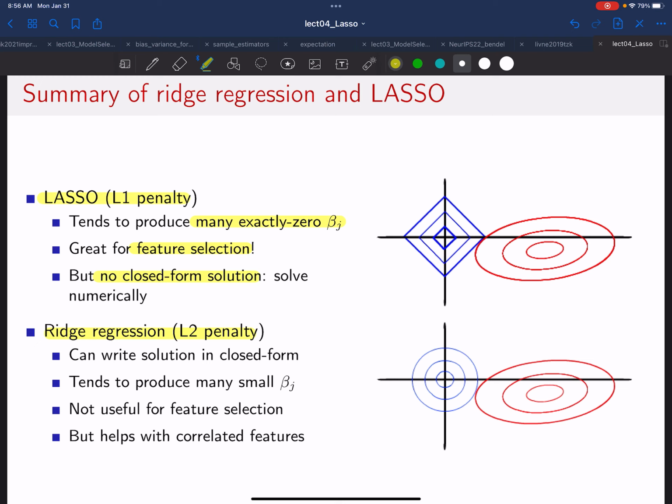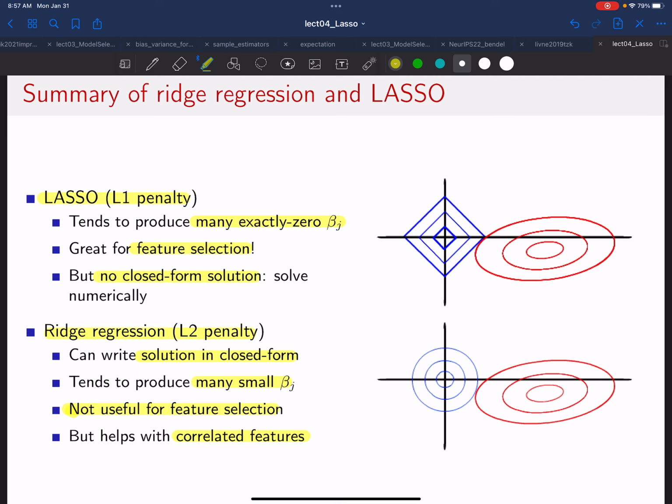We have to solve it numerically. On the other hand, ridge regression has an advantage. The solution can be written in closed form. It tends to produce many small beta j, but none of them exactly zero, and so it's not useful for feature selection. But if you have highly correlated features, you might find that it's a very good tool.